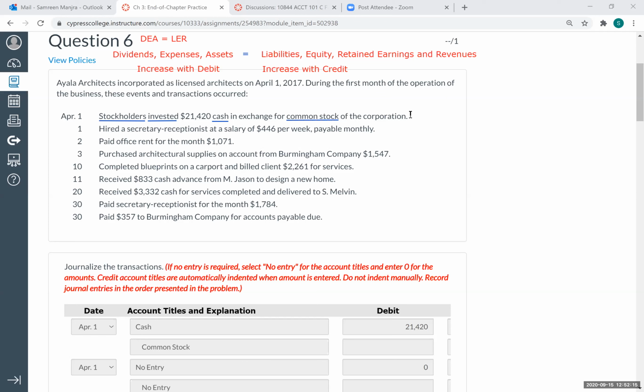So in this first transaction, we notice that there is an increase in cash. And every time we have cash go up, that means an asset has increased, and that will be a debit.